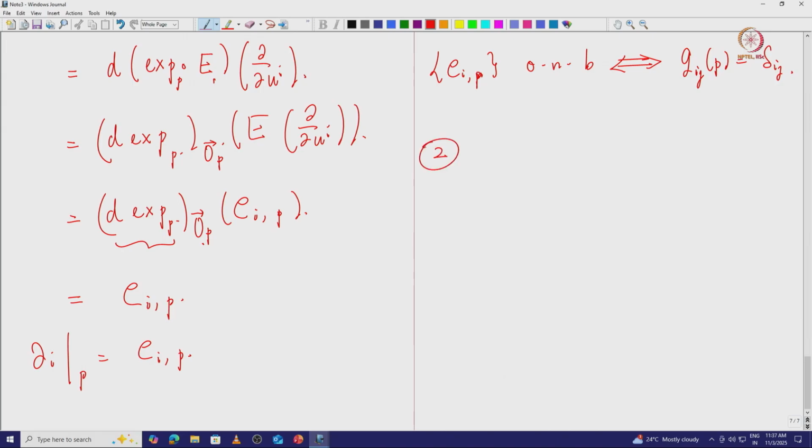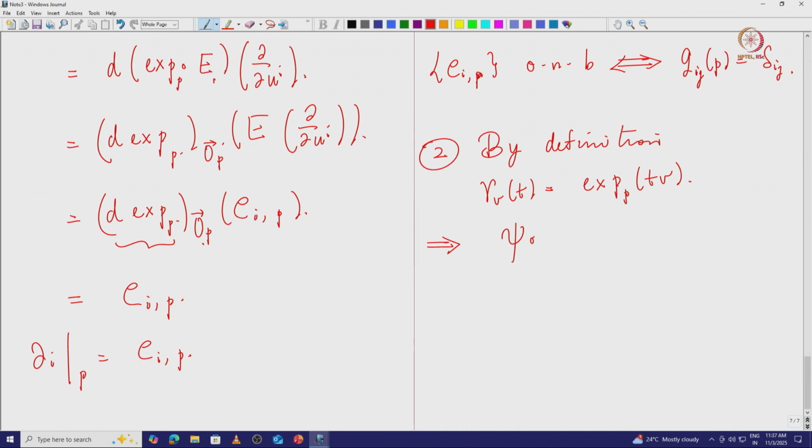How about part 2? Well, by definition of the exponential map, gamma v of t is given precisely by the exponential of tv. So now I try to write this in my coordinate system. If you want to write it in your coordinate system, you have to apply psi and see what it gives you as an image in Rn.